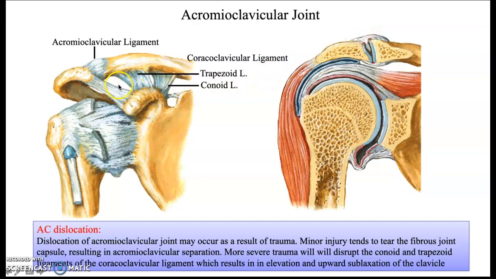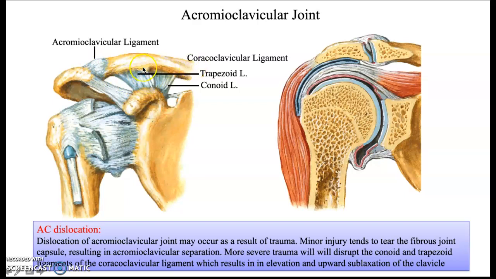Another ligament I want to mention is this one. This is a much stronger ligament than the acromioclavicular ligament, called the coracoclavicular ligament, which is a ligament between the clavicle and the coracoid process of the scapula. This ligament provides a lot of stability to the acromioclavicular joint.